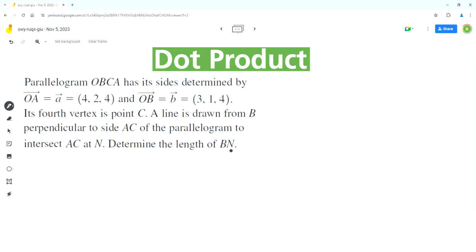So the first step is to draw the parallelogram OBCA to understand what's given and what we need to find. So this can be parallelogram OBCA. Now we can label the corners.